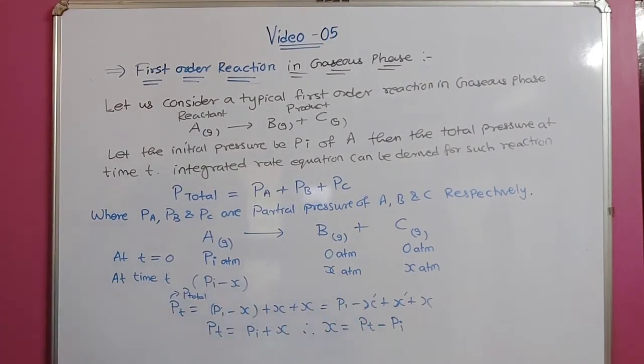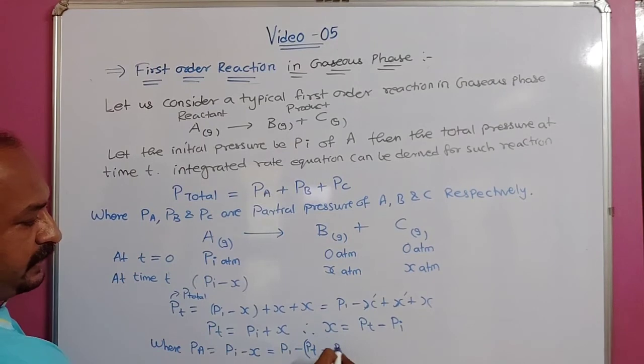Now if I substitute this in the relation, you can see here, PA is equal to Pi minus x. If I substitute the value of x, it will be Pi minus, in brackets, Pt minus Pi.